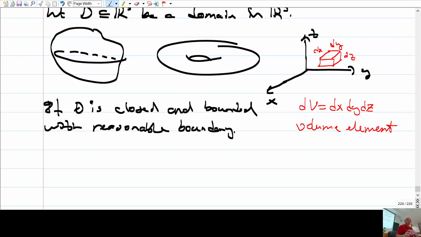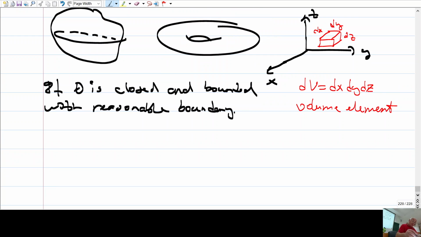We will usually consider objects where the boundary are surface pieces or planes and so on. So they will be good enough for our purposes. But in general, the boundary of a solid region could be very ugly, and you may not be able to take the integral.